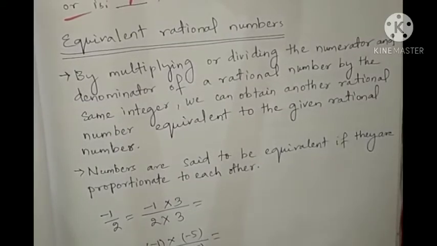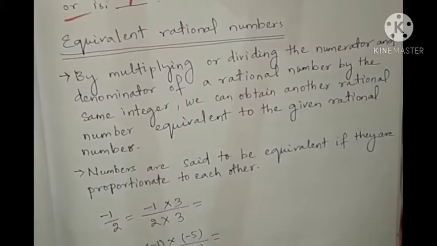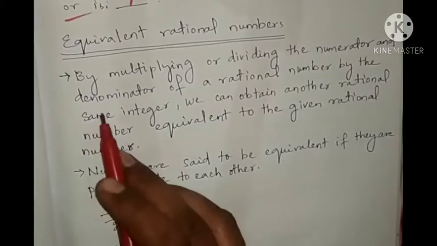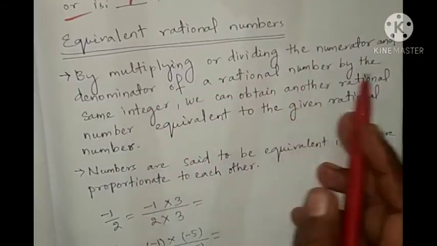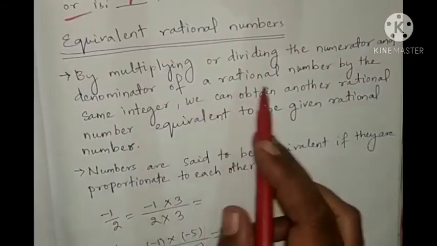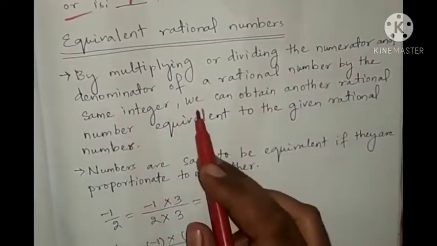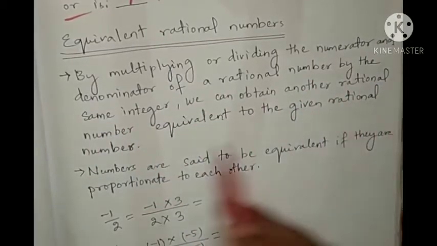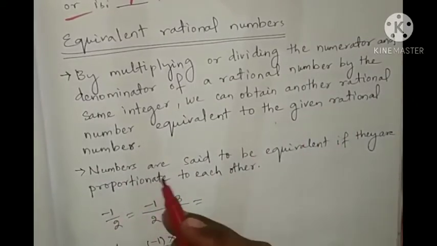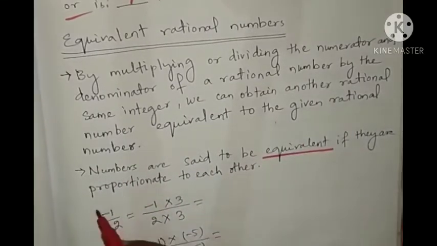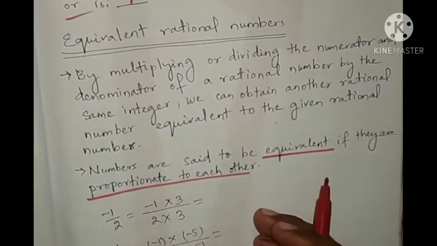Here we'll multiply both the numerator and denominator by the same integer. By multiplying or dividing the numerator and denominator of a rational number by the same integer, we can obtain another rational number equivalent to the given rational number. Numbers are said to be equivalent if they are proportionate to each other.